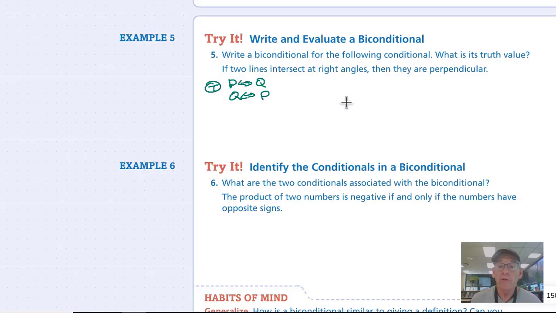If two lines intersect at right angles, then they are perpendicular. So here's our hypothesis, single underline. Here's our conclusion, double underline.